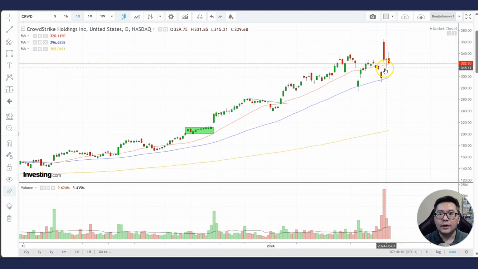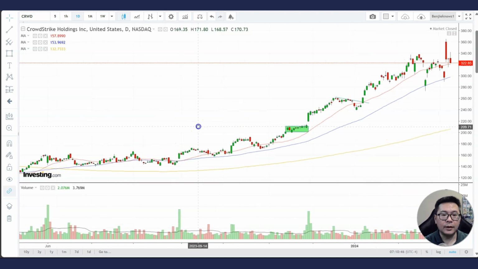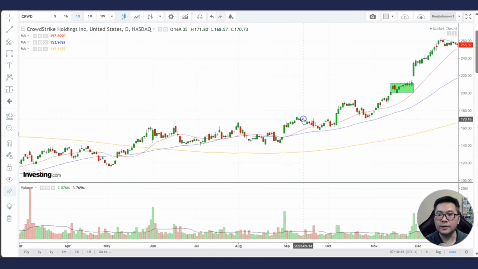When it trades above this consolidation, you buy the breakout, put a stop loss below the consolidation and ride it higher. And sometimes when the stock drops to the 50 MA, it could be a buying opportunity as well. For example, here we have the stock declining to the 50 MA. It's a buyable opportunity, or correcting to a support area.